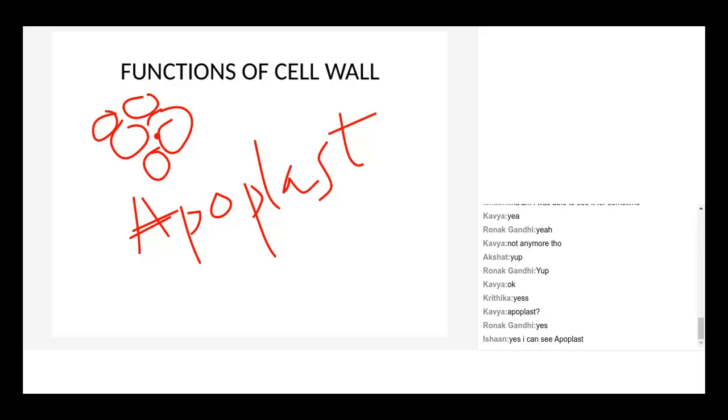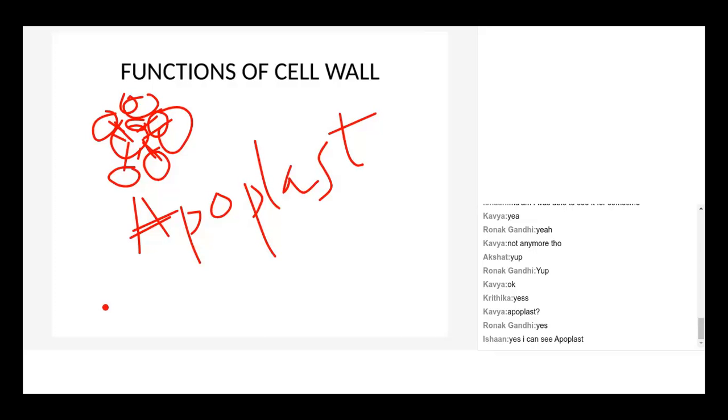Now when you take various cells, how are the cells communicating with each other? When you observe the cell wall structure, there is a joining point between each of the cells, so that each of the cells can communicate with each other.